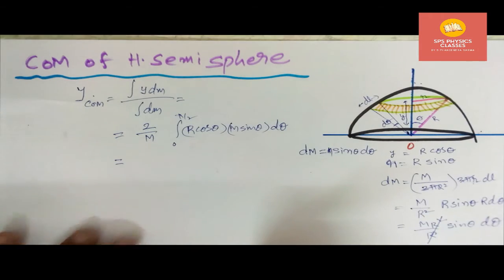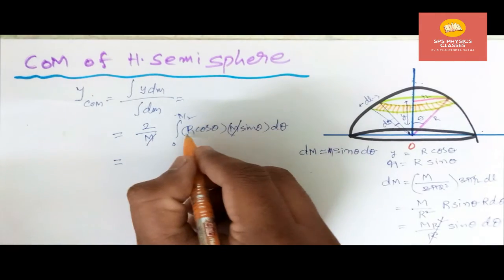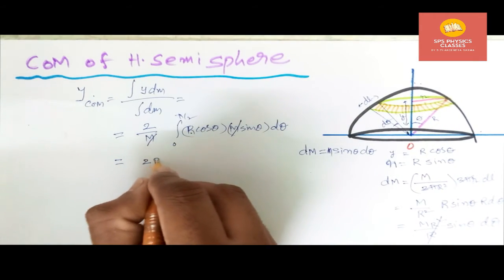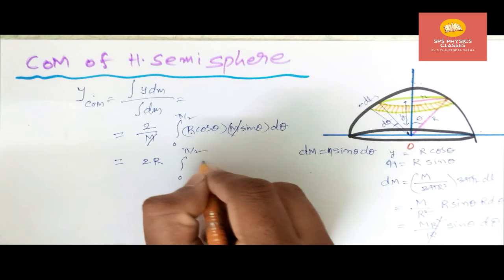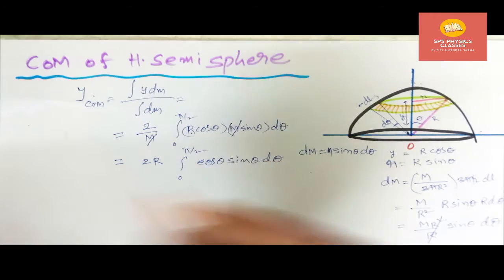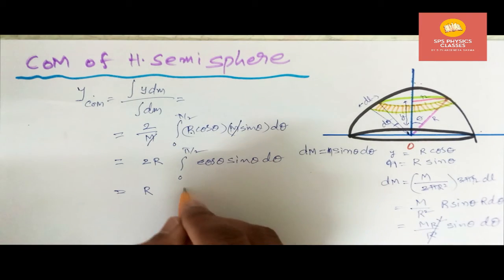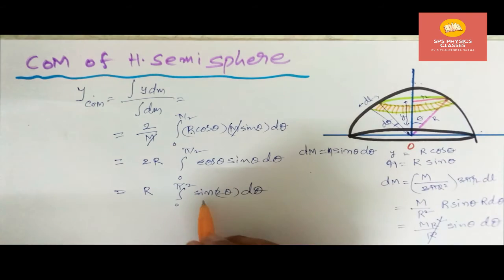Further, M gets cancelled and r comes outside: 2r integration 0 to pi by 2 of cos theta sin theta d theta. This is equal to r integration 0 to pi by 2 of sin 2 theta d theta. Why sin 2 theta?